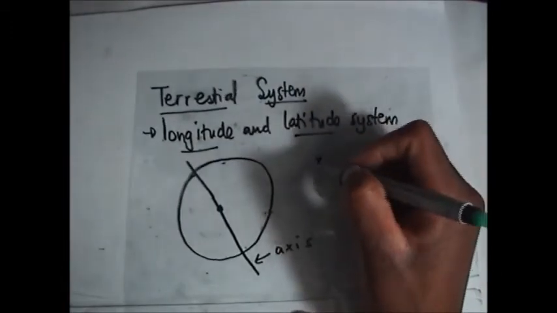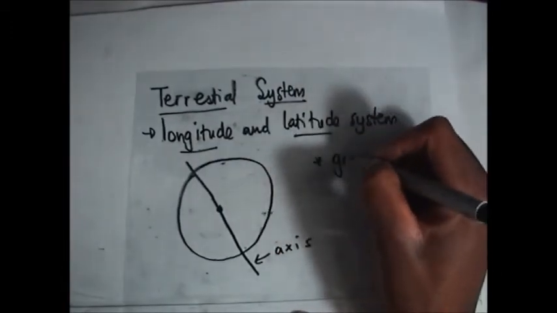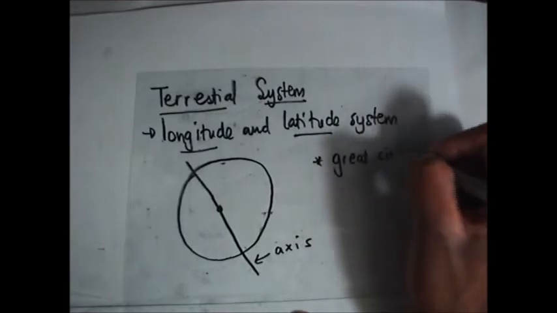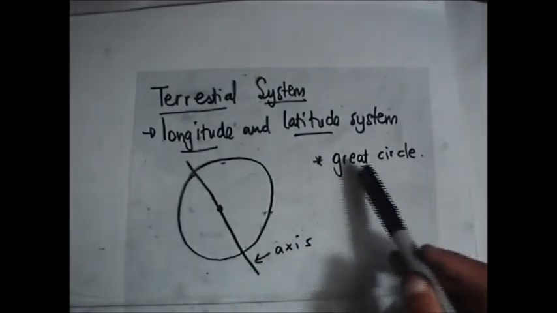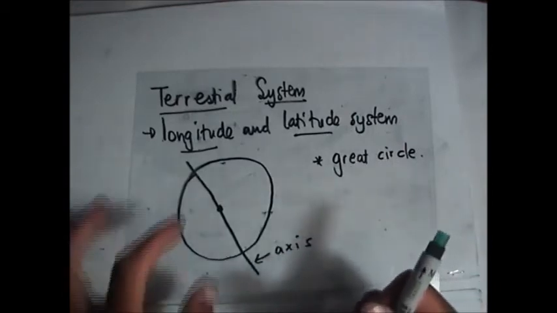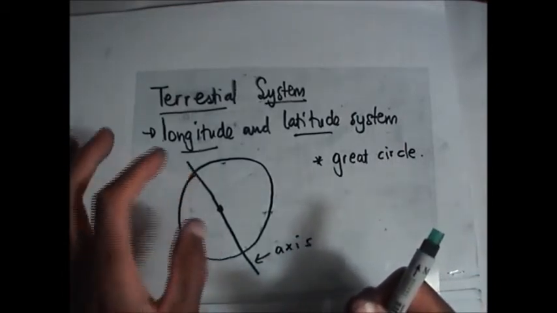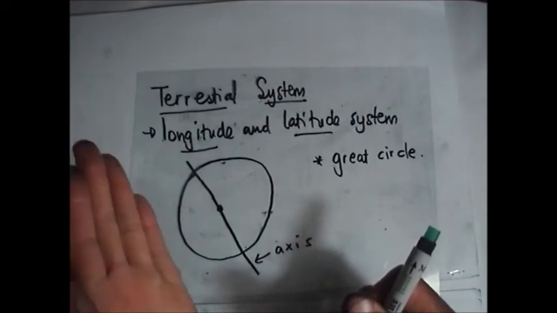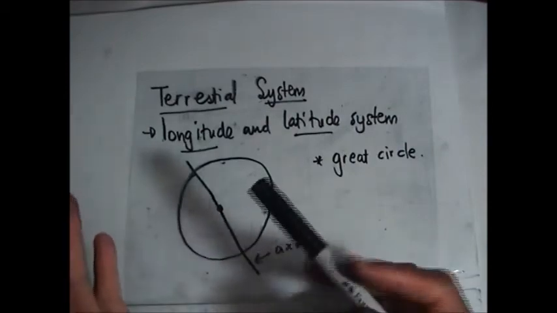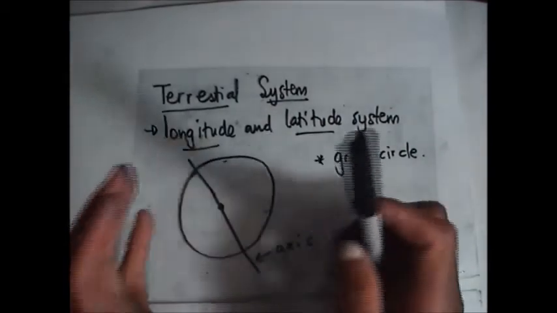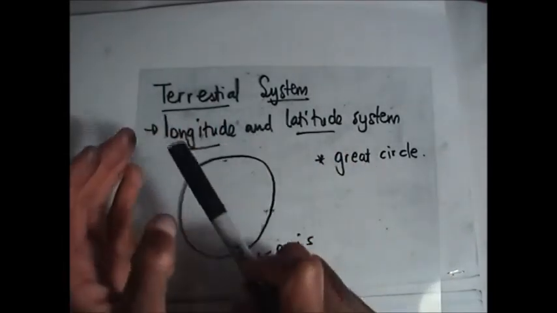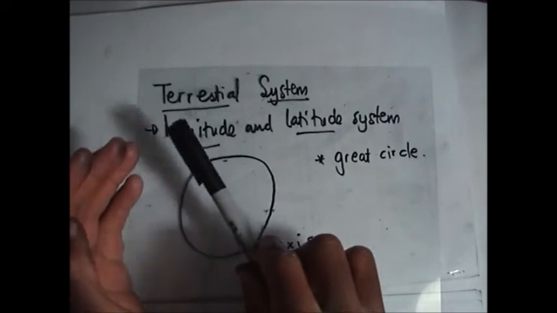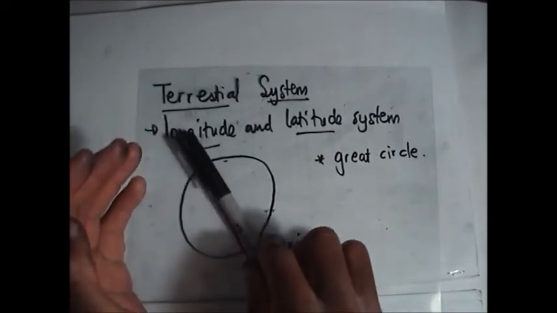There's something called a great circle. What a great circle basically is, if you see this axis, and then I tell you, okay, take a knife, hold your orange, and make a clean cut that passes through this axis like this.